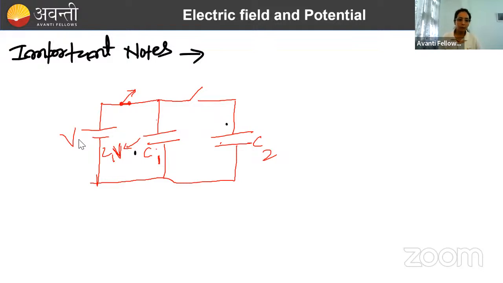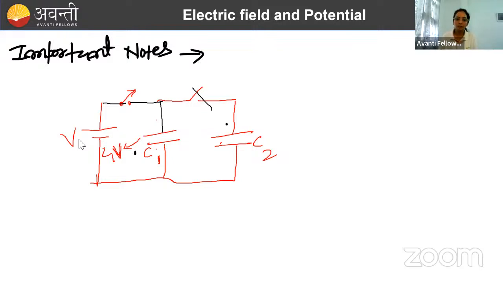Now what I'm going to do is disconnect this one, and let me draw it again. Just give me 1 second. So I'm going to open this circuit and close this circuit. Now what will happen? This is the question.